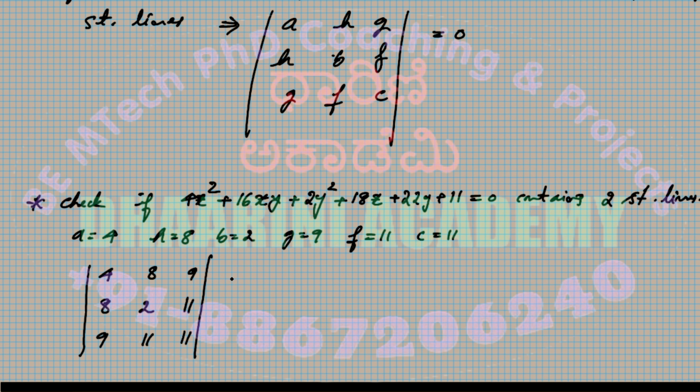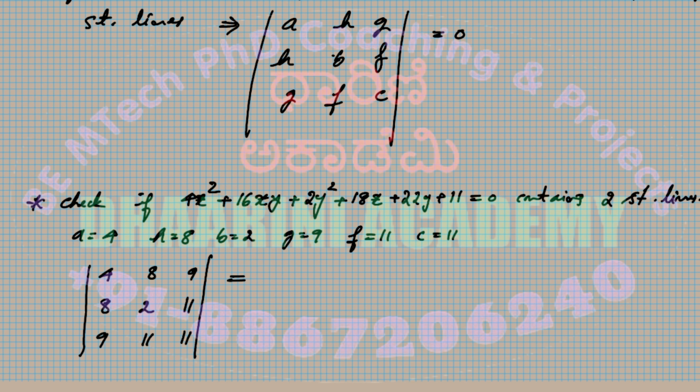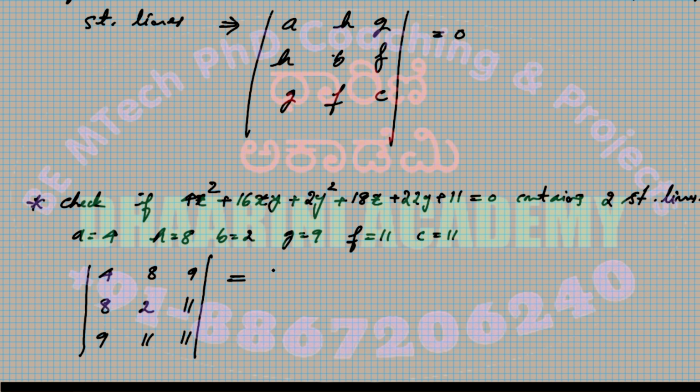Check the value of this determinant. This is equal to 322, not equal to 0. So the answer says that this particular equation does not contain a pair of straight lines.